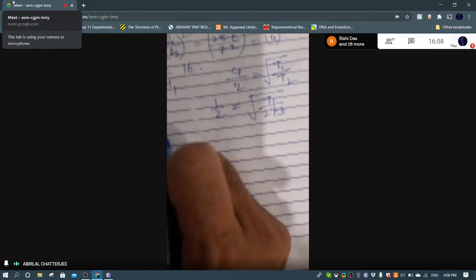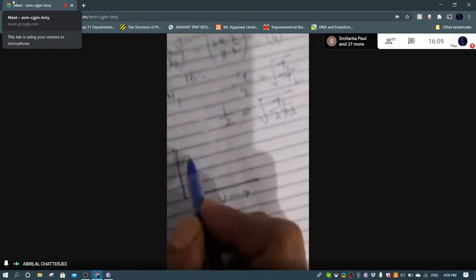A diagram that shows the variation of pressure with volume. Every time you will be getting this.